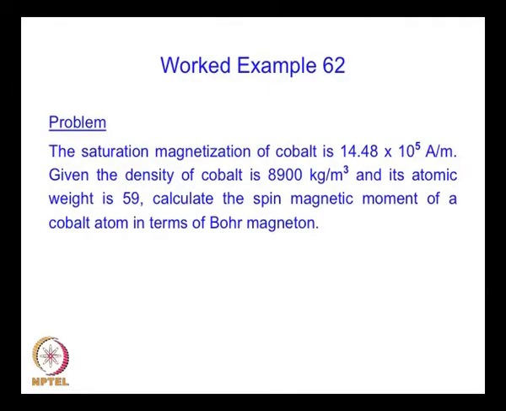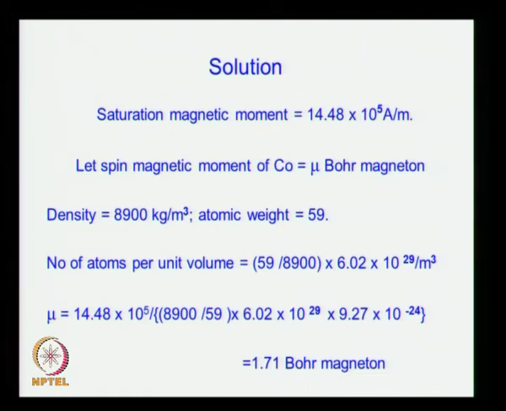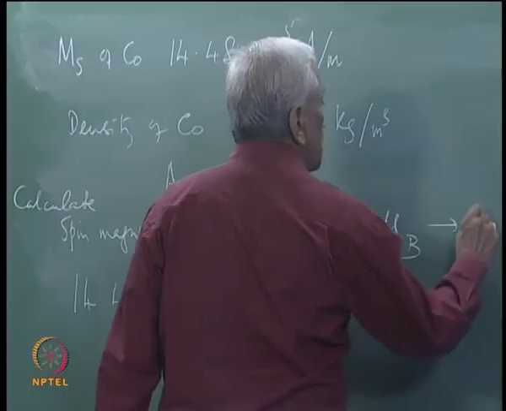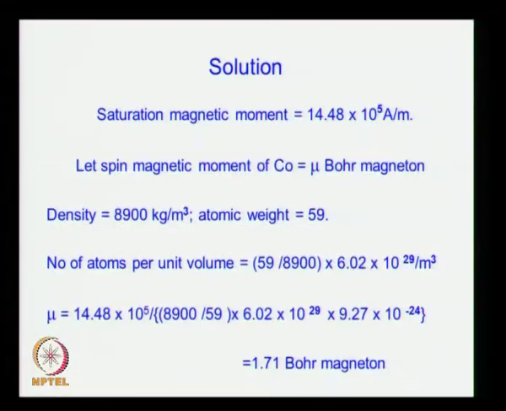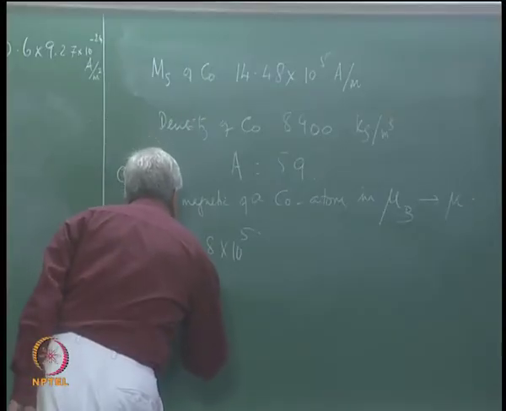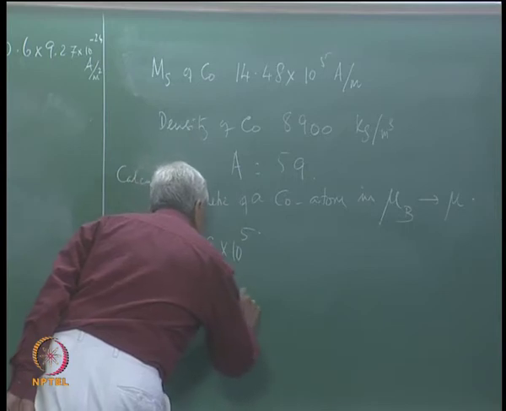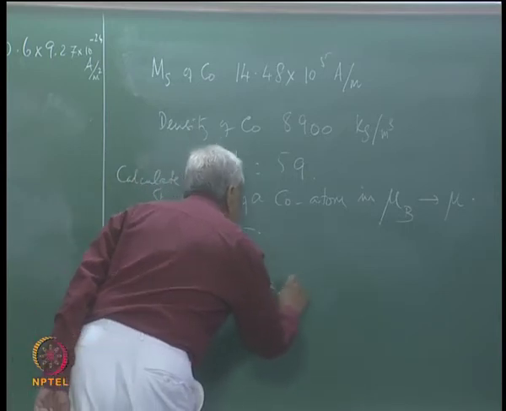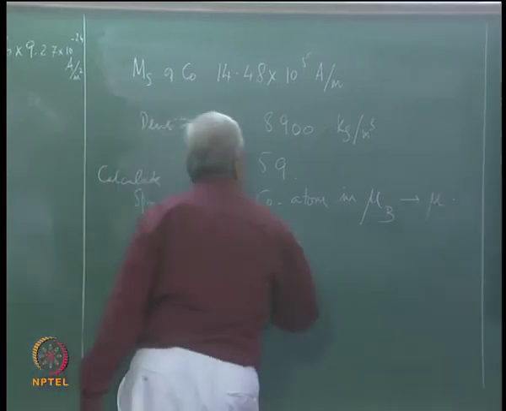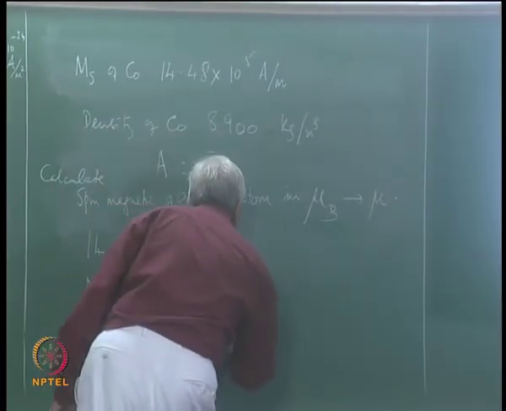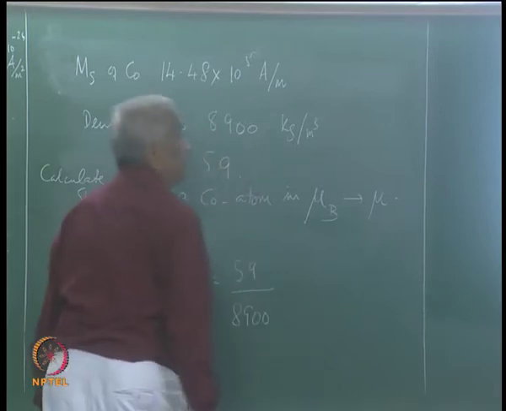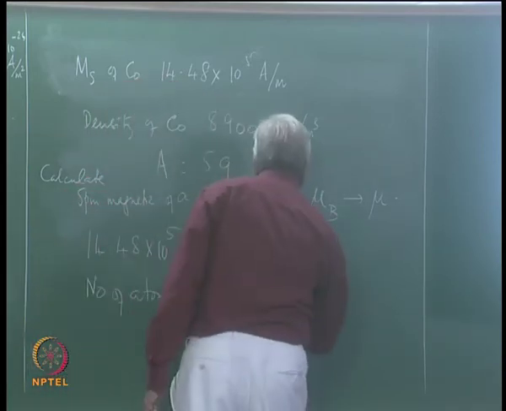To do this, we start again from the saturation magnetization. Let us assume that this spin moment is mu in Bohr magnetons. The density is 8,900. So, the number of cobalt atoms per meter cube is given by the density divided by the atomic weight times the Avogadro number.